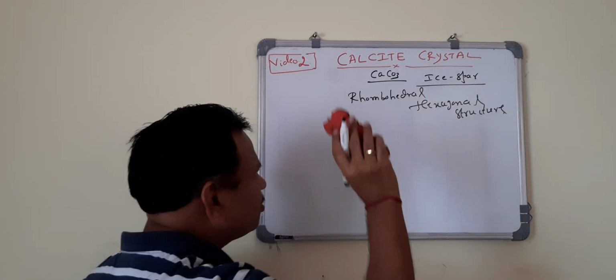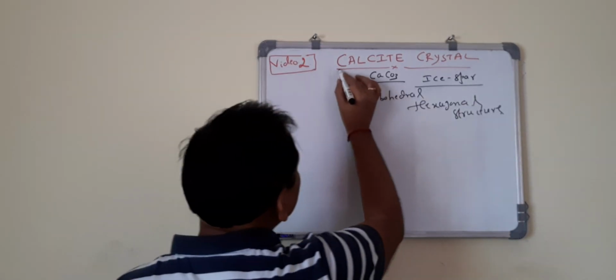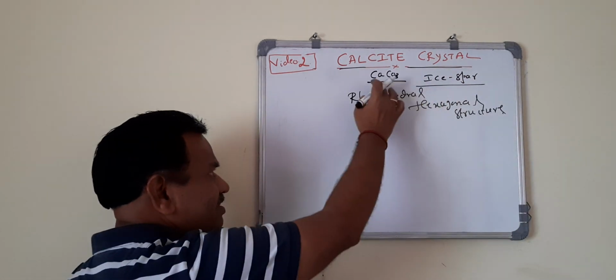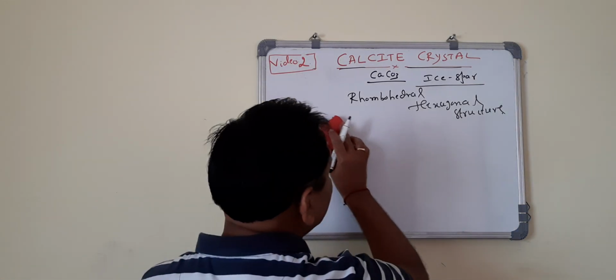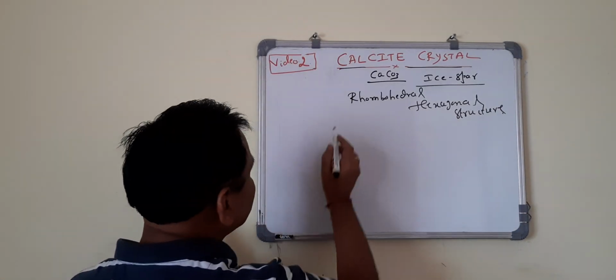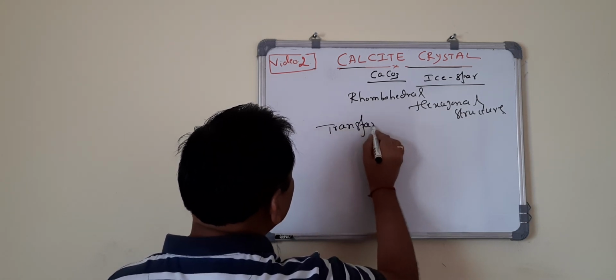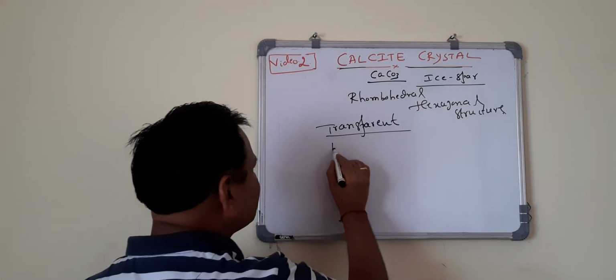It is a calcium carbonate crystal or sometimes called ice spar, but in physics they call it a calcite crystal. In chemistry, it is a calcium carbonate crystal. It is a rhombohedral hexagonal structure, transparent and also white.